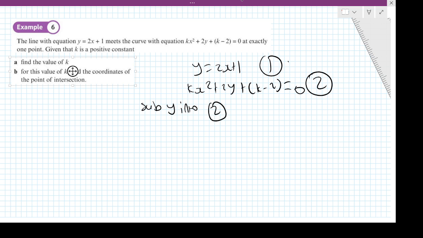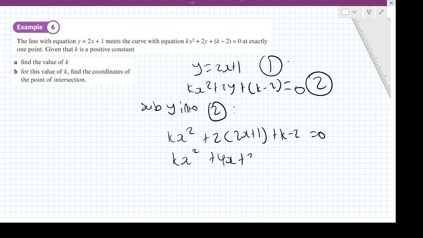So substitute it into the other equation to get kx squared plus 2y, so 2 lots of 2x plus 1, plus k minus 2 equals 0. Then I can expand this and see what I can do with that. So kx squared plus 4x plus 2 plus k minus 2 equals 0. And then I can tidy this up to get kx squared plus 4x. 2 minus 2 would go away, so you're just left with plus k equals 0.